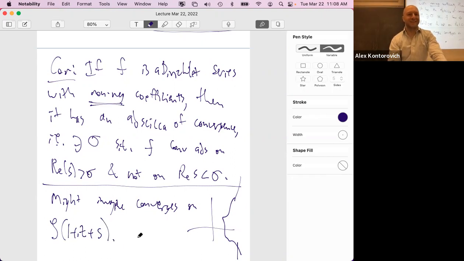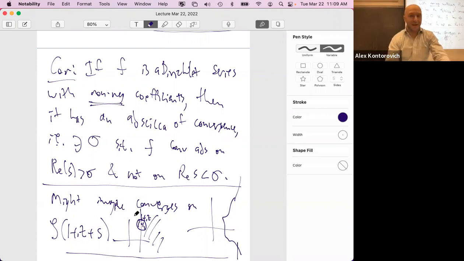This is what Lewis's comment was: this is a function that's over here at 1 plus it. It converges over here. It has holomorphic continuation, but you can't get convergence inside, precisely because its coefficients are n to the it or n to the minus it, which are not non-negative. You're going to hit a pole. Exactly, there's a pole down here that you can't escape.